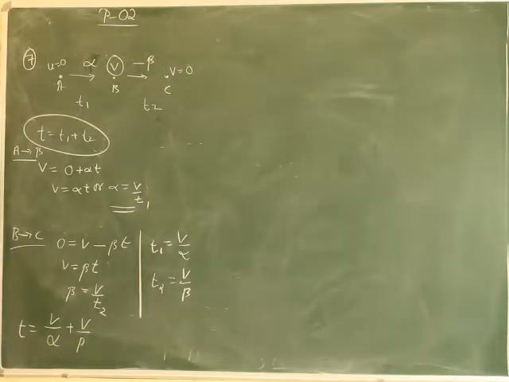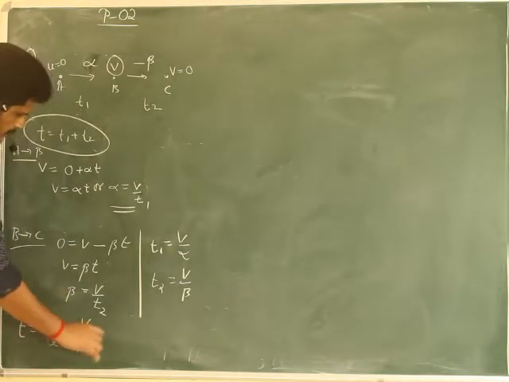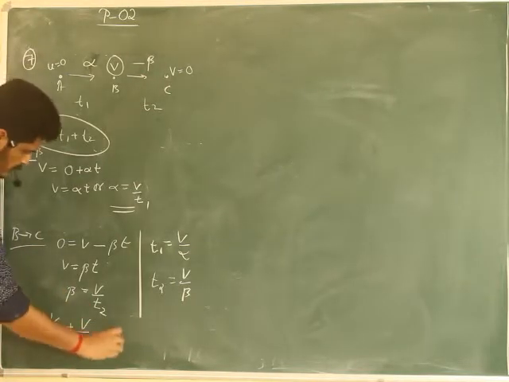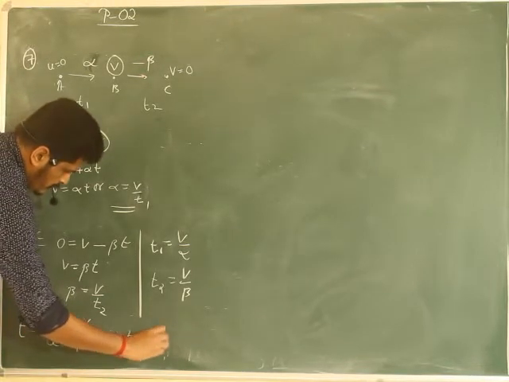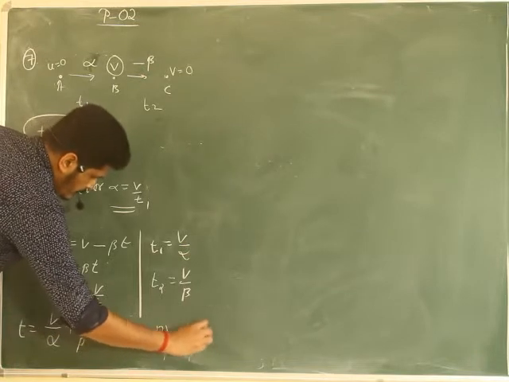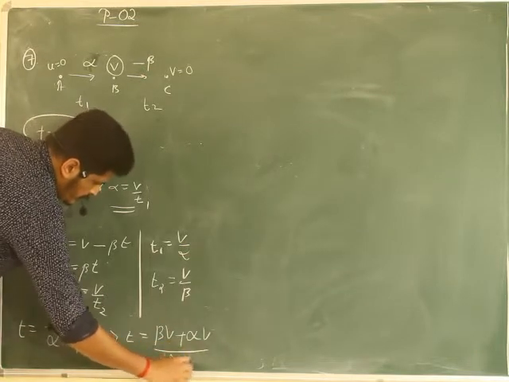Once you substitute these, you are supposed to get the answer. If the total time elapsed is t, we have to get the value of v. After taking the LCM, t is equal to beta into v plus alpha into v divided by alpha beta.